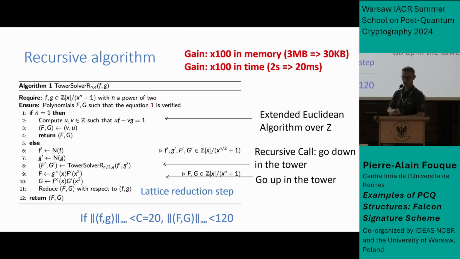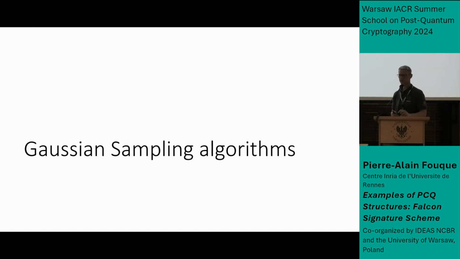It is a very significant improvement because this is a 100 times improvement in memory. You go from 3 megabytes to 30 kilobytes, and you also gain a factor 100 in time. You go from 2 seconds to 20 milliseconds. So this is for the key generation, so it's really a huge improvement.